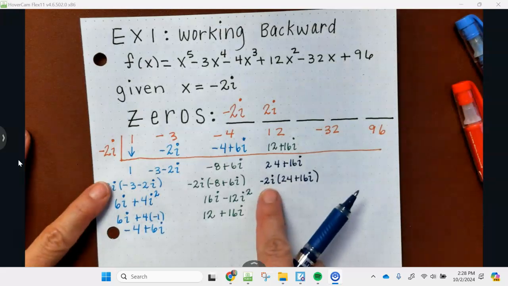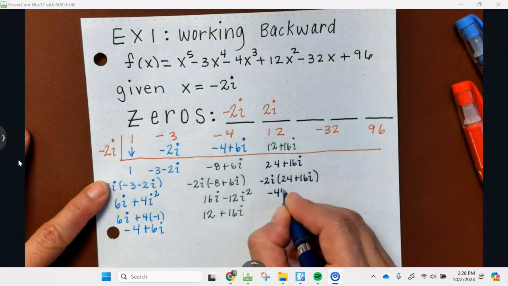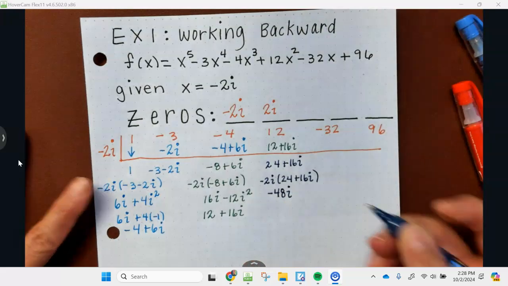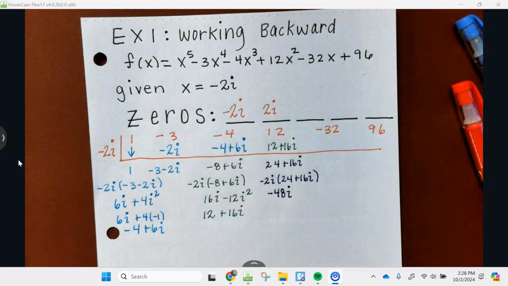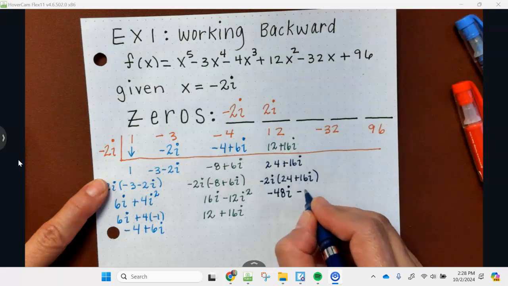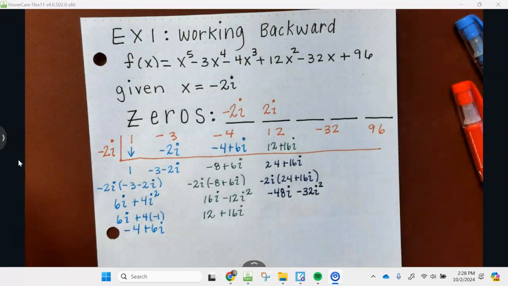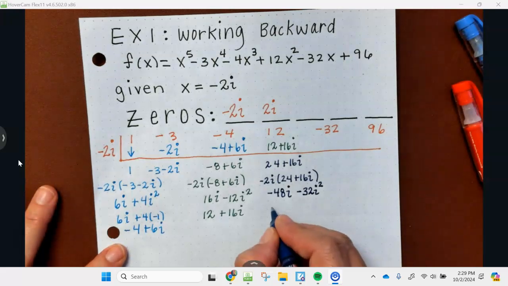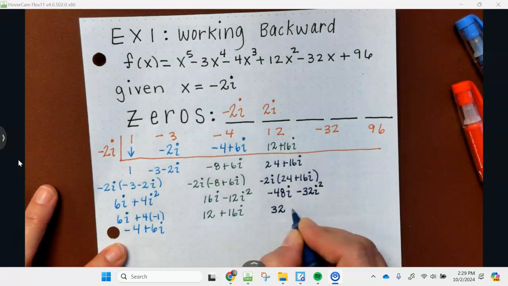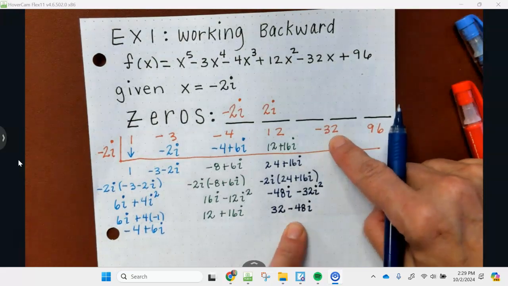All right, so negative 2i times the positive 24, y'all, that's a negative 48i. A negative 2i times a positive 16i is a negative 32i squared. And that 32 is going to turn into a positive. So this is positive 32 minus 48i. And that goes here.